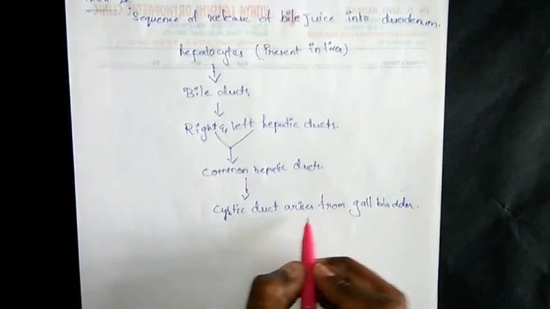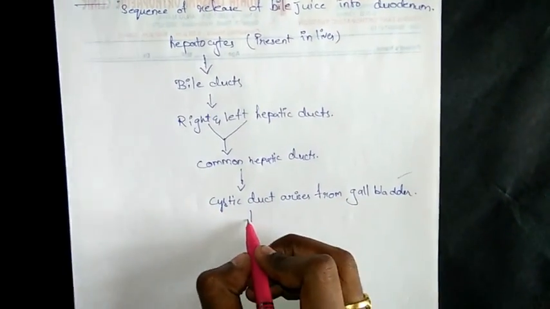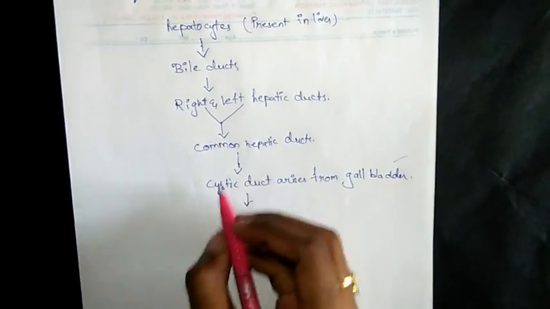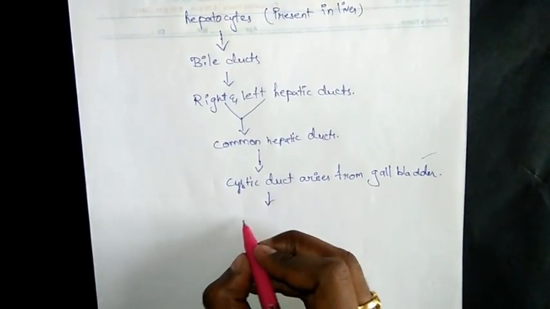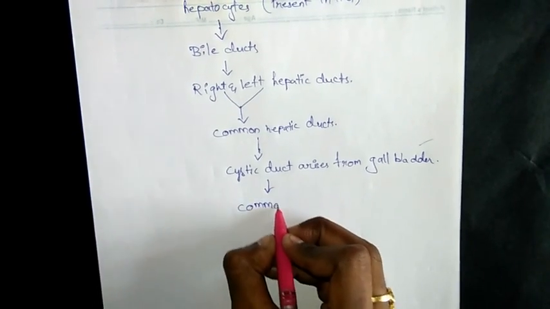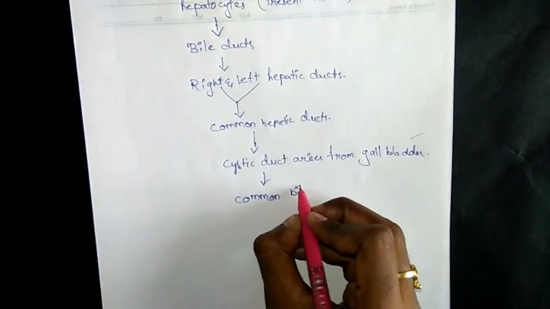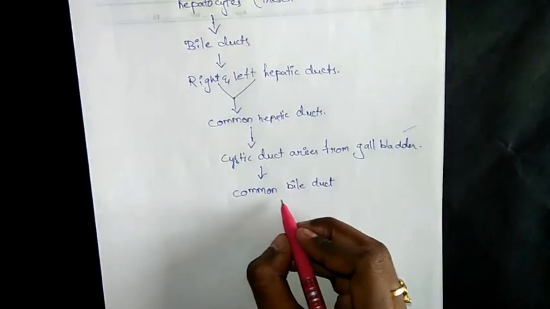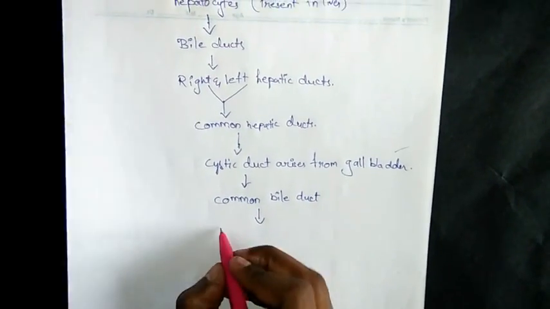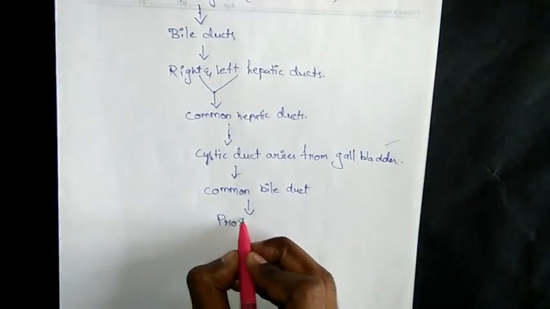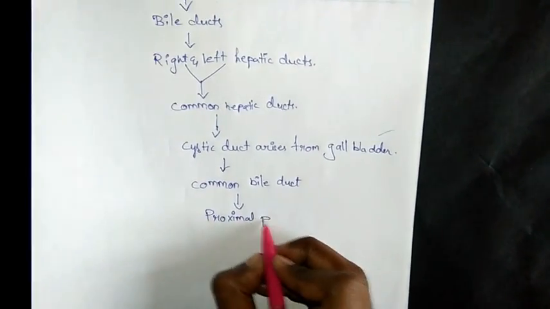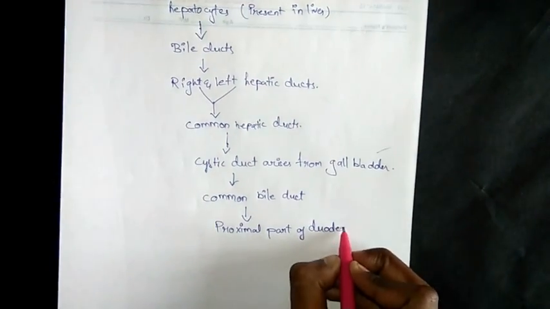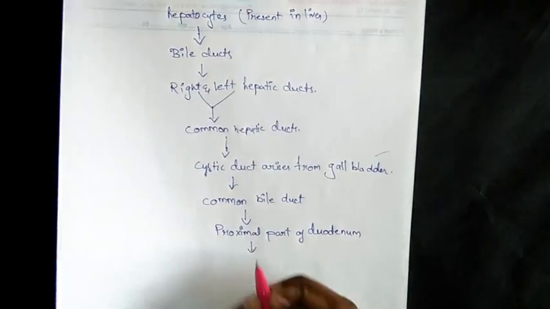The cystic duct arises from the gallbladder, and these both join to form the common bile duct. From there the bile juice enters into the proximal part of the duodenum, through the sphincter of Oddi.